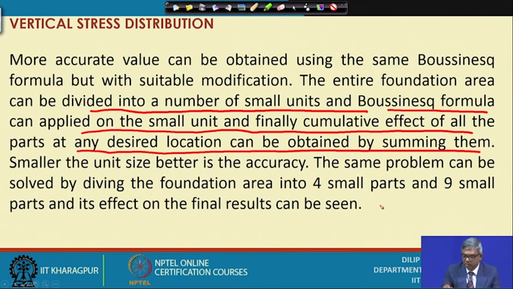So, that means what? If I have a footing like this, I can make a number of small units, and I can consider one load acting here. I can find out the effect of this load at this point.